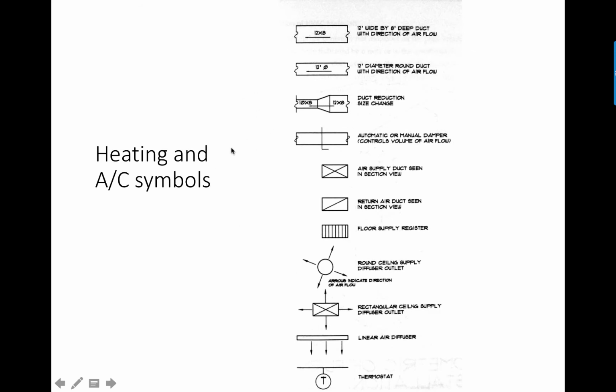Anyway, you do need to know how to read ductwork drawings that you'll get from your engineering consultants. They usually have a key. This is a key off of one of the drawings that indicates what they're showing you. The big thing is the diameter of round ducts or the dimension of rectangular ducts.